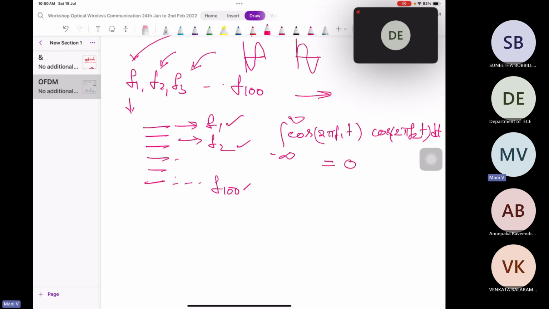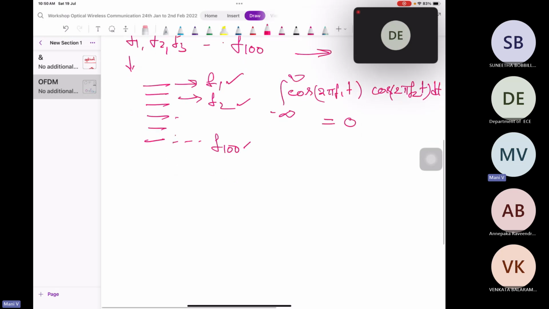That is called orthogonality, right? So, are sine carriers also orthogonal? If I multiply sin 2 pi f1 t by sin 2 pi f2 t, are they orthogonal or not? F1 and F2 are two carrier frequencies.